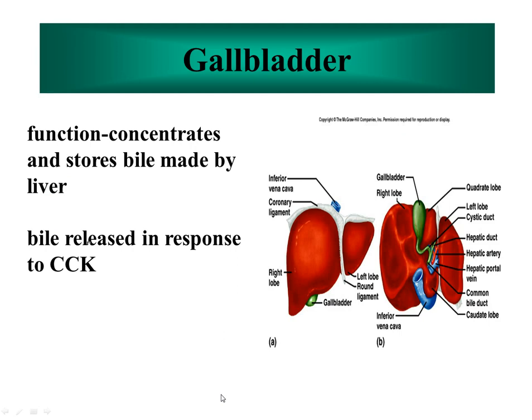The gallbladder's function is actually to store the bile made by the liver. It concentrates and stores the bile made by the liver. It is a yellowish green colored liquid. The bile is released in response to cholecystokinin.